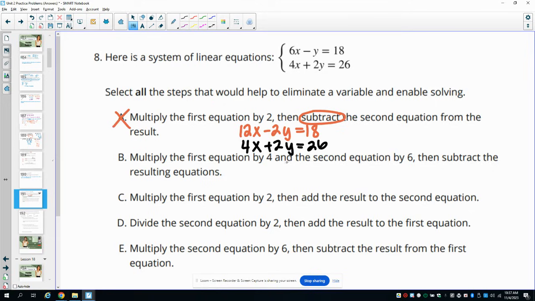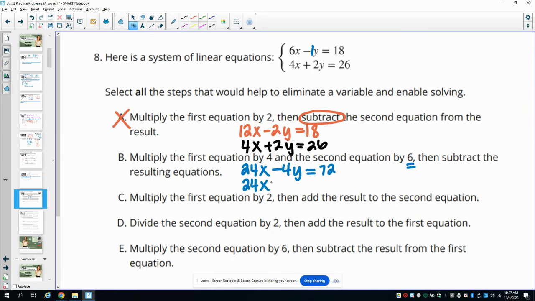B says multiply the first equation by 4. So 6 times 4 is 24. Then we have negative 4 when we multiply negative 1 by 4. And then 18 times 4 is 72. Then it wants us to multiply the second equation by 6.